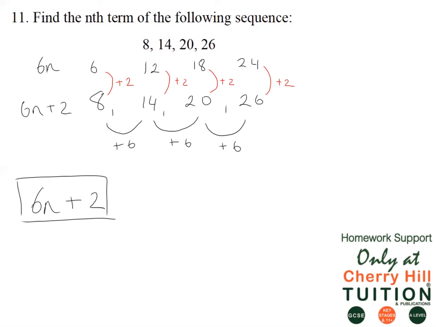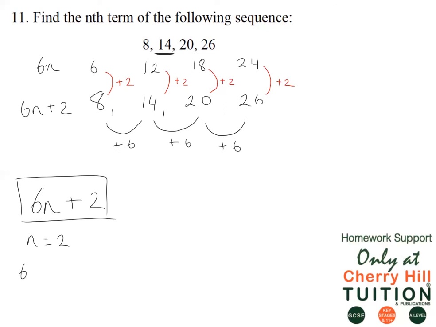Okay? So again, we can check if our answer is correct by substituting n is equal to 1, 2, 3, and 4. But in this case, what we'll do is just take a random value. So let's take the second term. The second term is where n is equal to 2. If we substitute n is equal to 2 into the nth term, we should get our second term, which is 14.